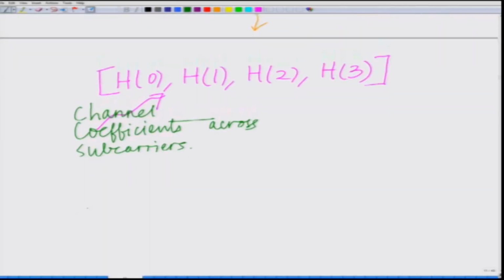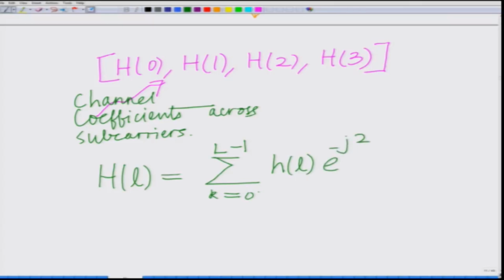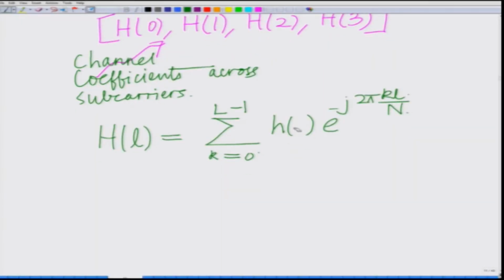And how do we generate them? Naturally, we have H of L, the coefficient across subcarrier L, equals the summation over k equal to 0 to L minus 1. Remember, we only have L channel coefficients, from k equal to 0 to L minus 1. So, that is H of k e raised to minus j 2 pi k L divided by n. I am sorry, this is H of k.